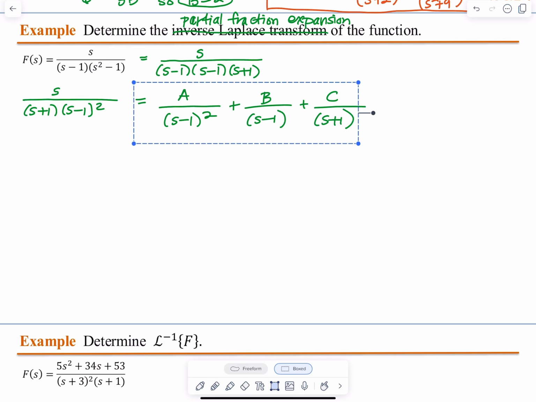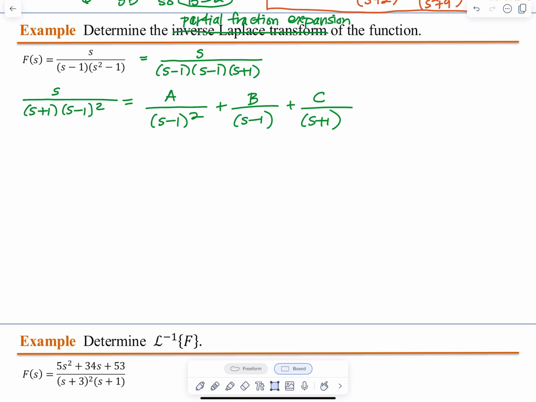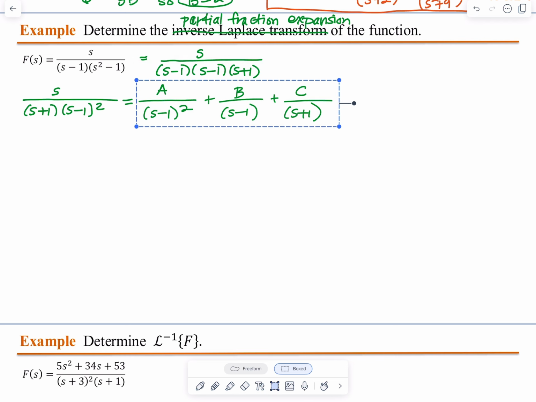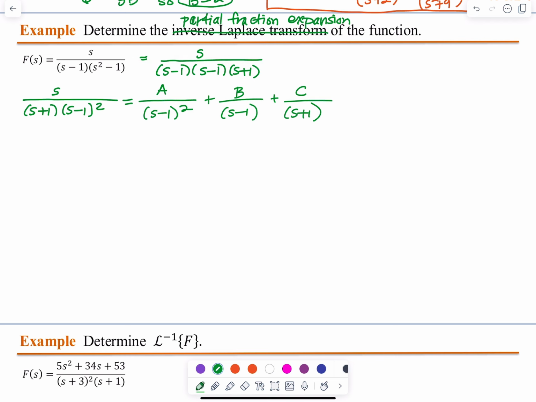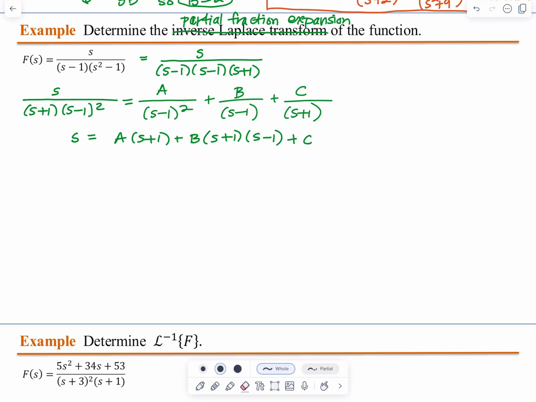It's not a problem. Okay, now multiplying both sides by that denominator, s plus 1 multiplied by s minus 1 squared, we end up with s is equal to a times s plus 1 plus b times s plus 1 times s minus 1, which would be s squared minus 1 if you want to write that, plus c multiplied by s minus 1 squared.